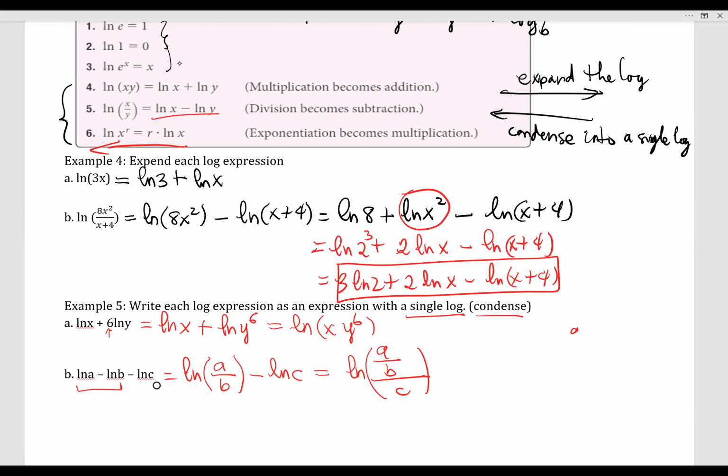So if you have a over b divided by c, you can change it to be a over b multiplied by the reciprocal of c, which is 1 over c, and then you have a over b times c. So you can change this to become ln of a over b times c. Okay, so that's the answer.